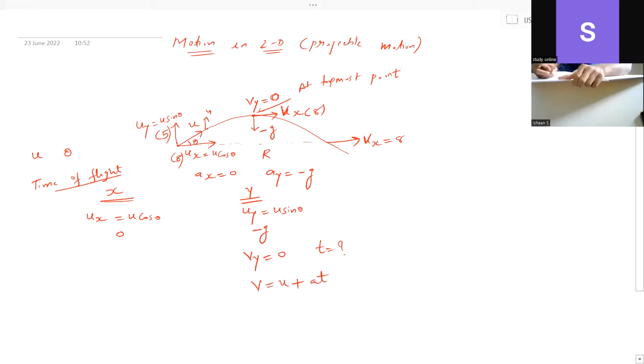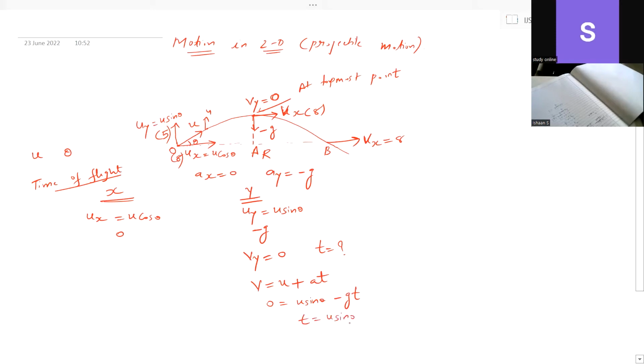So we will have half the time. That is not the complete time of flight; that is the time taken from this point, suppose O to A. So 0 equal to U sin theta minus gT, so T equal to U sin theta by g, which is equal to half T. And the total will be what then?